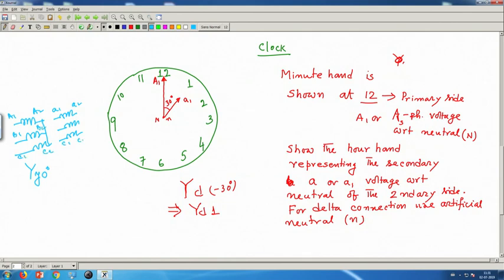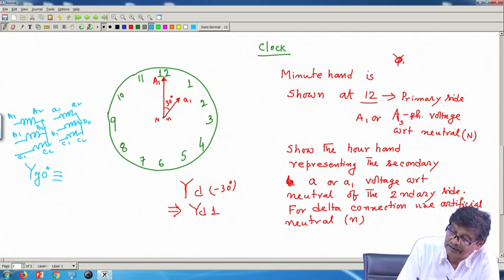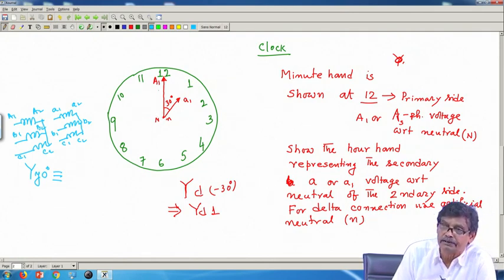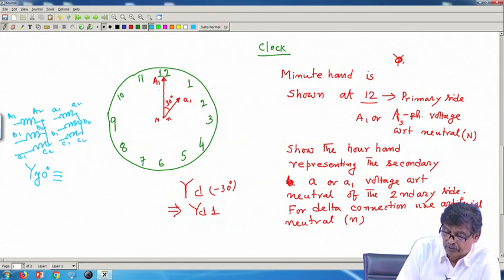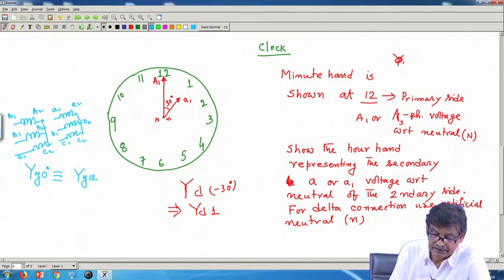And suppose you make star star, then this connection indicates it is y by 0 degree, which means that this voltage A1n, both minute and hour hand will be together. So, I will write it as Y y 12, time is 12, then only I will say this is y y 0 degree.